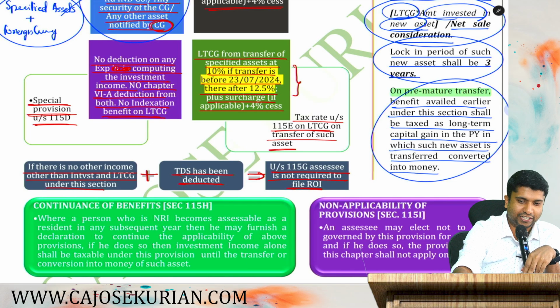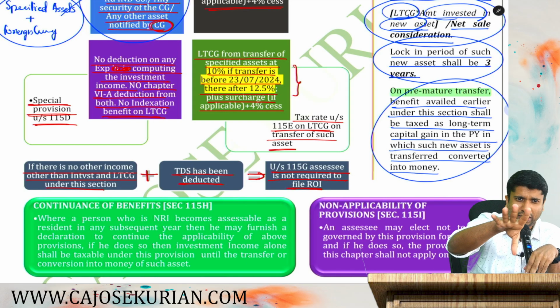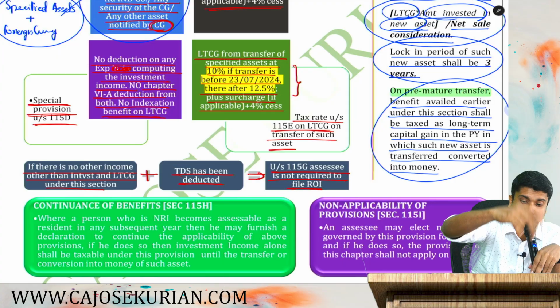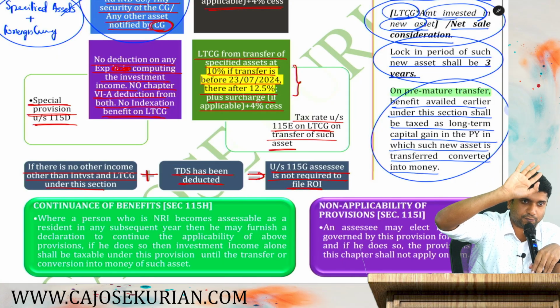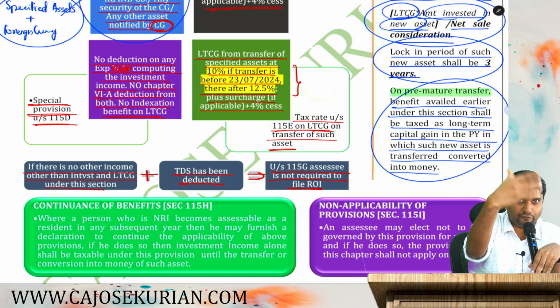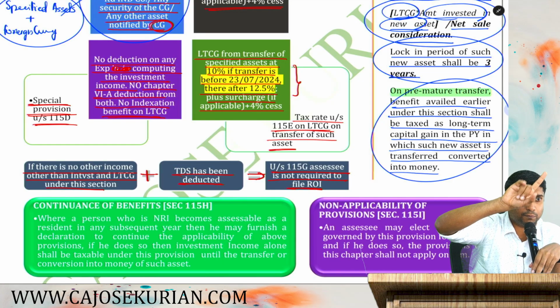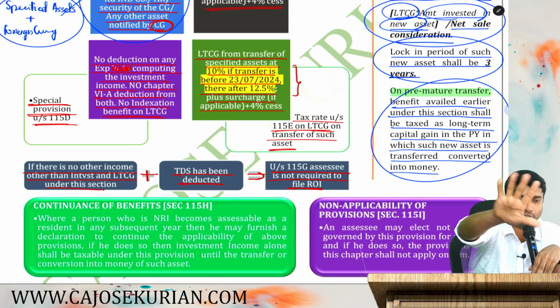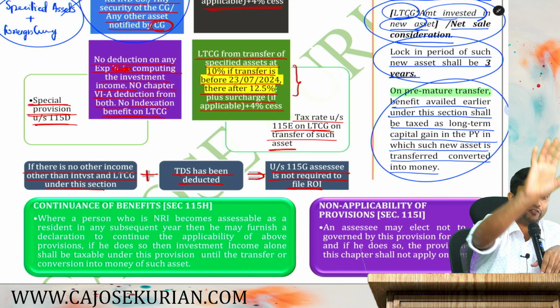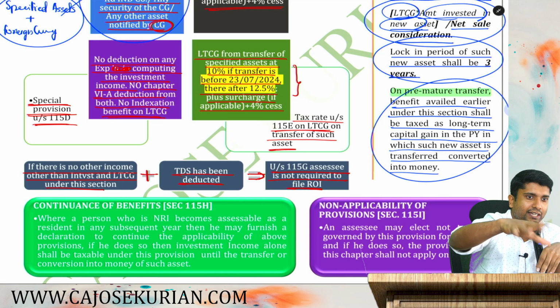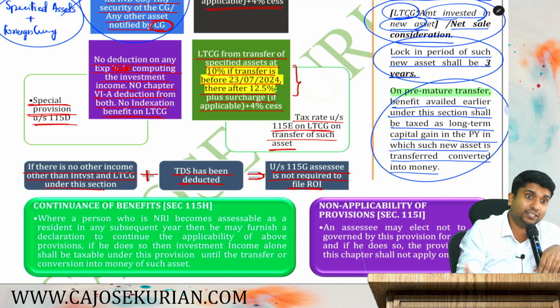Say for example, if these persons do not have any other income apart from long-term capital gain and investment income, plus when they receive that income, TDS has been correctly deducted, don't worry, you don't have to file return of income. But if you have any other income in India, you have to file return by including this also.